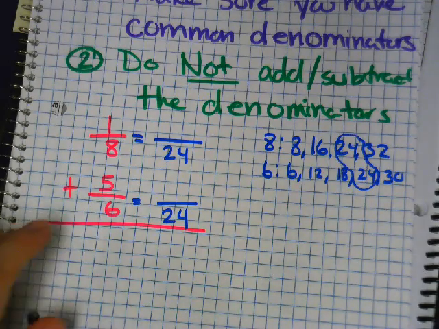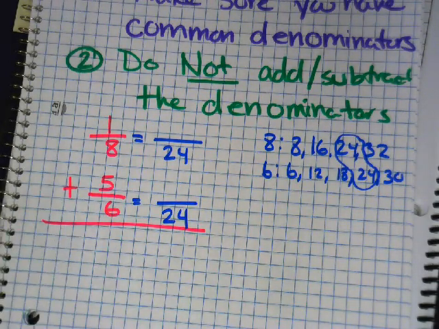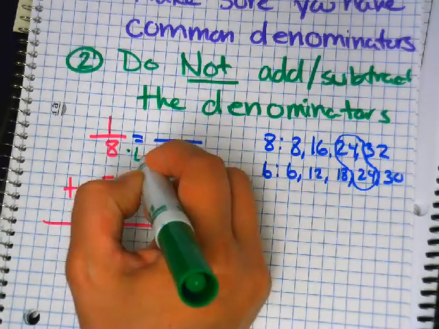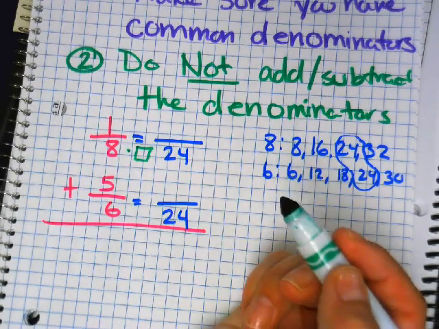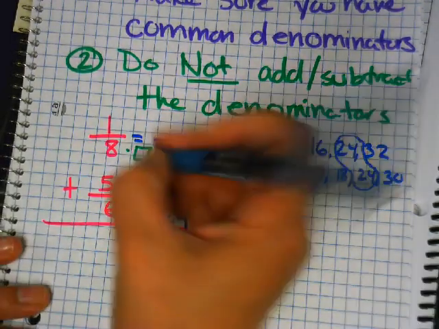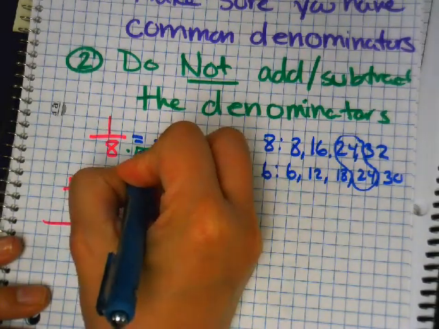All right, do you guys remember the giant 1 from 6th grade? Yeah. All right, so you ask yourself, 8 times what number gives you 24? 3. So that means I have to multiply the top by the same number.